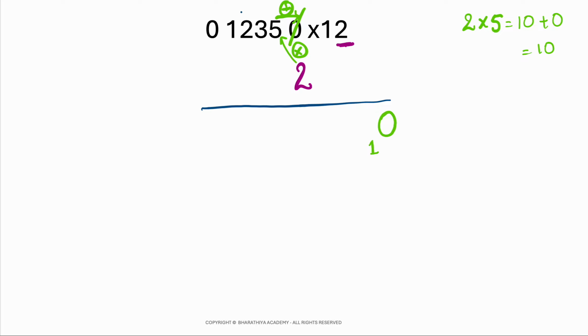Okay. Then multiply this 2 with this 3. Okay, this is multiplication. So 2 into 3 is equal to 6, right? And then add it with the following number. So 6 plus 5. Okay.